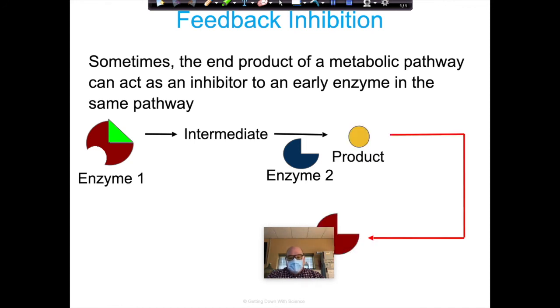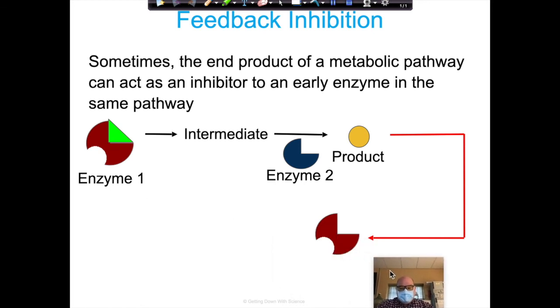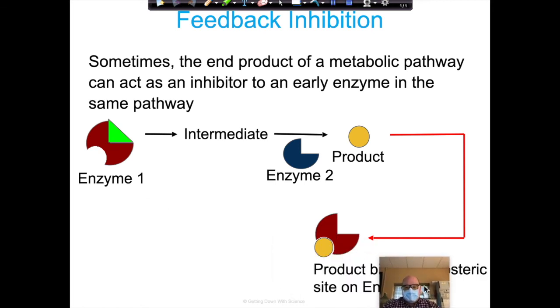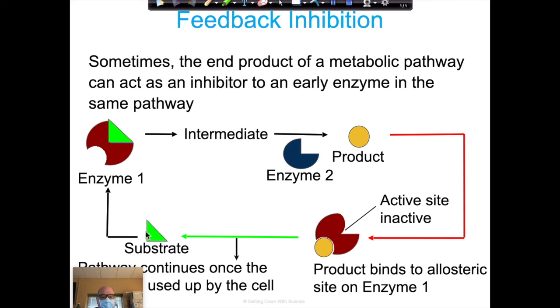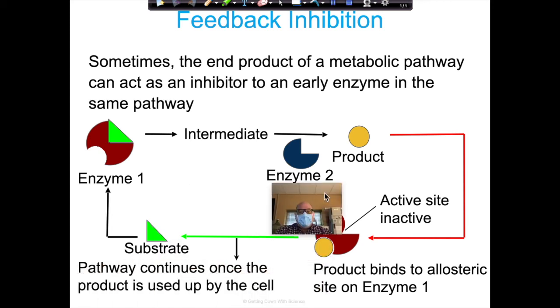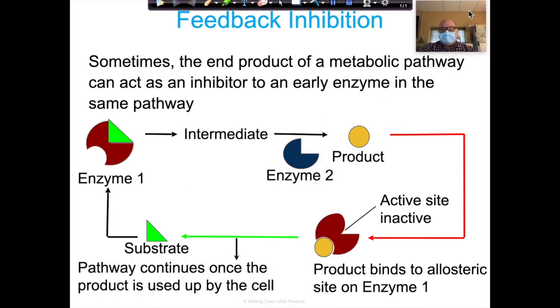And what we get is a feedback loop that keeps whatever product this enzyme is working on at a consistent level. And so this basically keeps biochemical processes in this feedback system where we don't get too much or not enough.